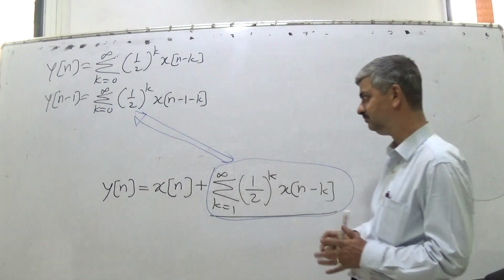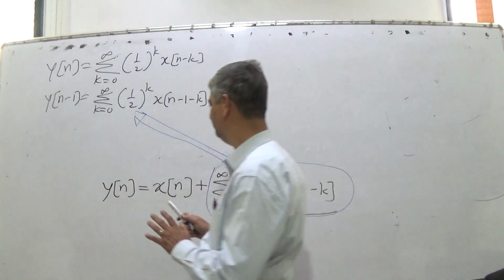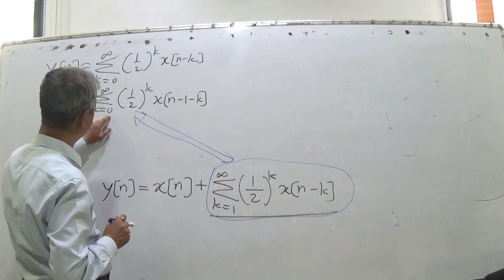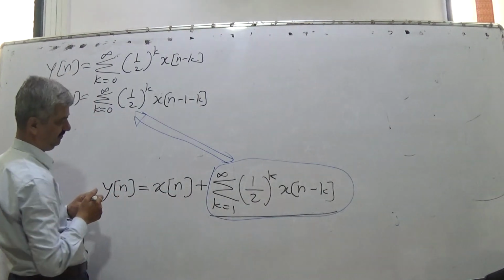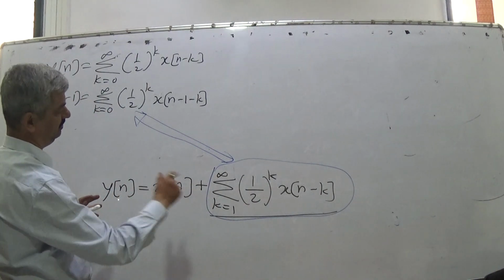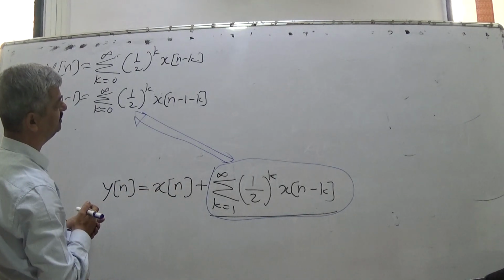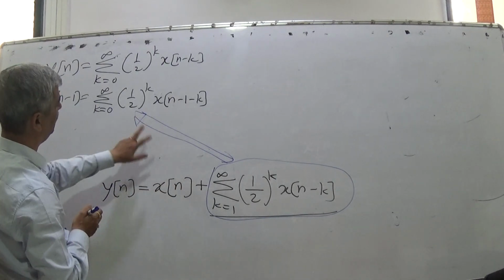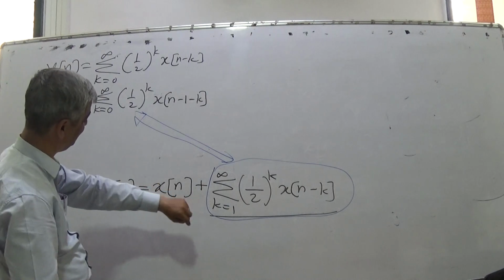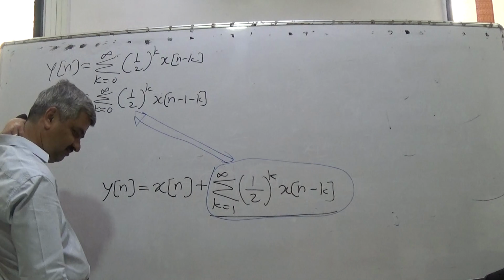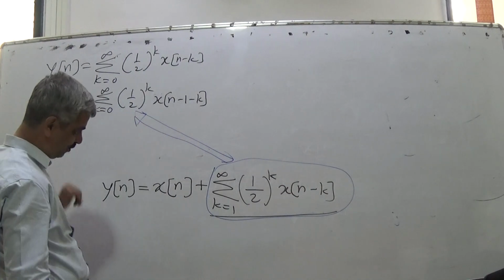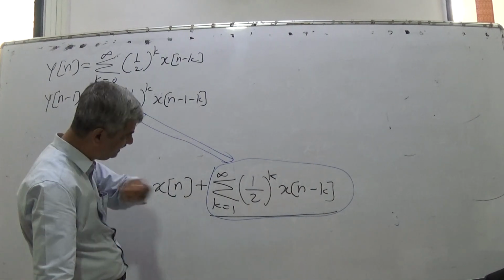If I watch these two expressions, this expression starts with k equal to 0, and this one starts with k equal to 1. This is the difference. How can I equate that? Here I can't separate the term, because if I separate terms again it will go on iteratively, infinitely.